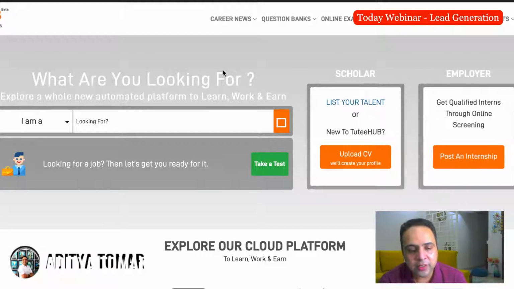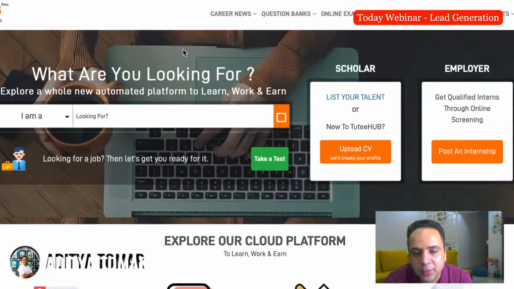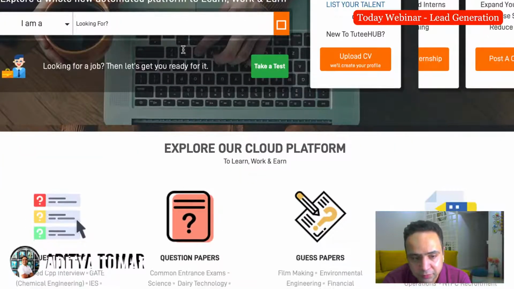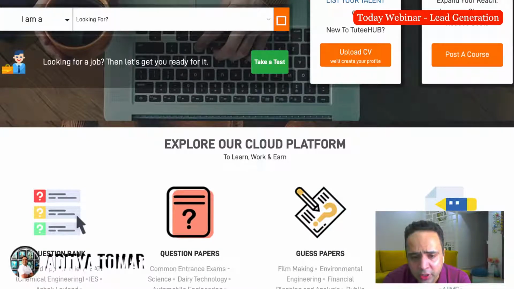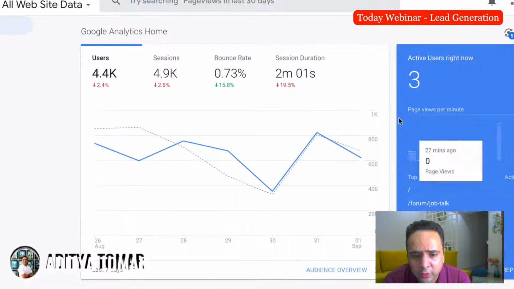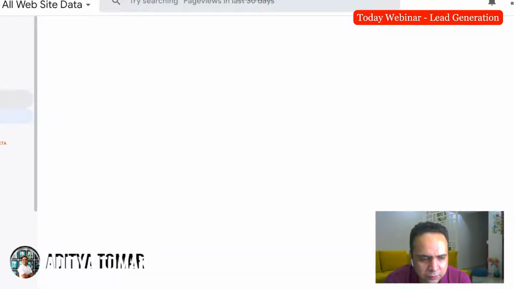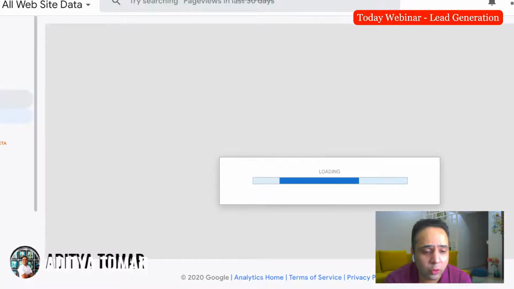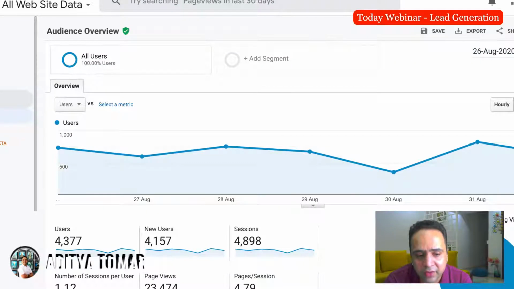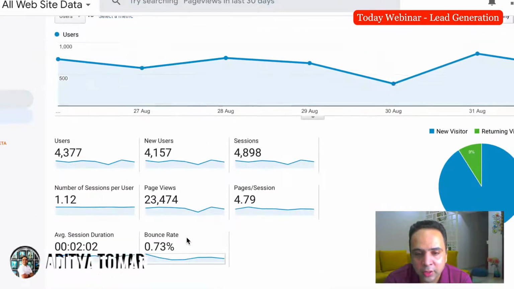Okay, so this is the 2T Hub, the platform that we have developed, and these are the stats of this 2T Hub. You can see the live users, the forum, the career tag that some person is going on. You can see the daily stats that we are having. And trust me, guys, we are not investing any money as of now on this platform, and whatever traffic we are getting is totally organic.